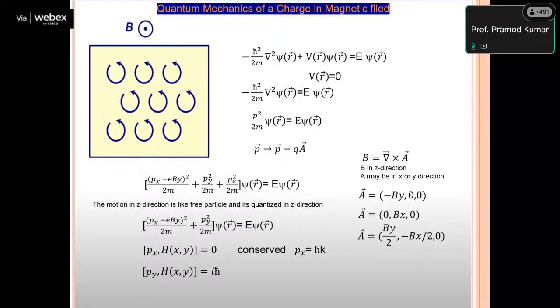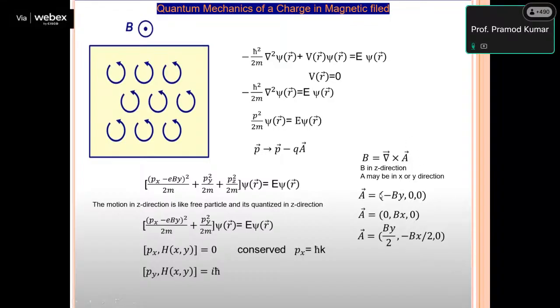And this A can have components along the x-axis, along the y direction, or along both x and y directions. So we have three possibilities.